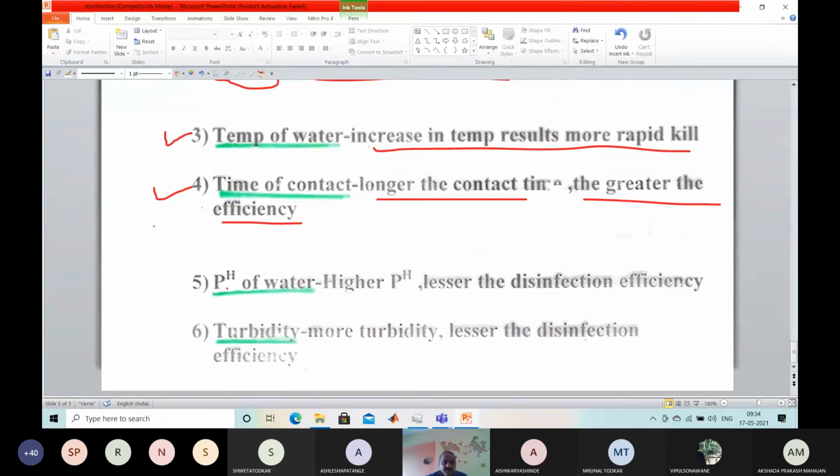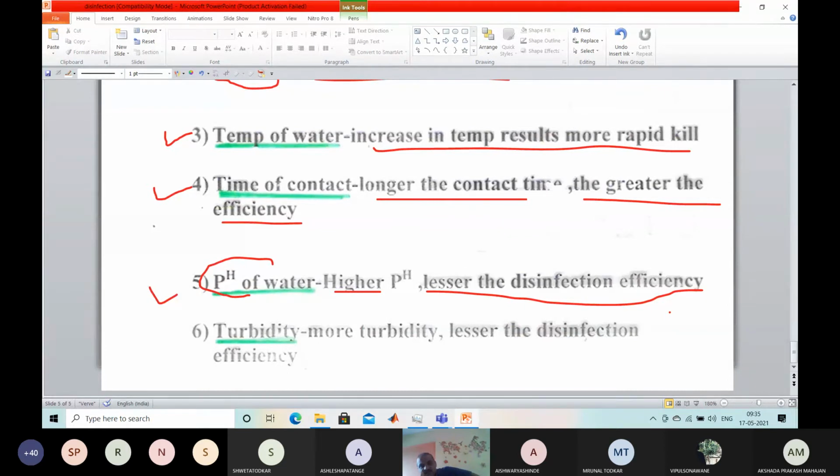The fifth is the pH, which we already discussed in great detail in the first part. Higher the pH, lesser the disinfection. Lower the pH, from 5.5 and above, up to 8, we'll get more HOCl.